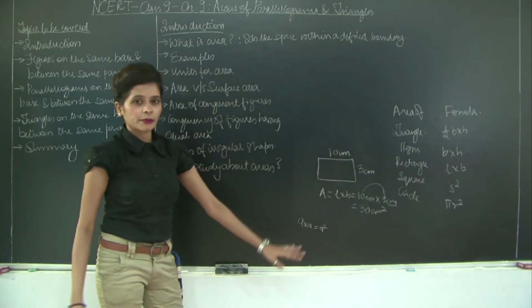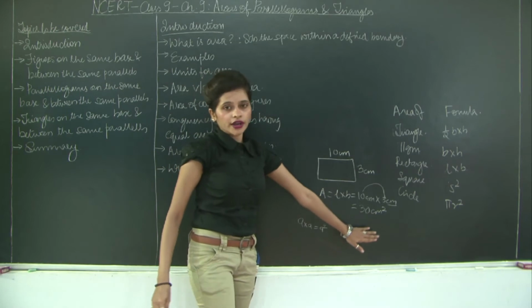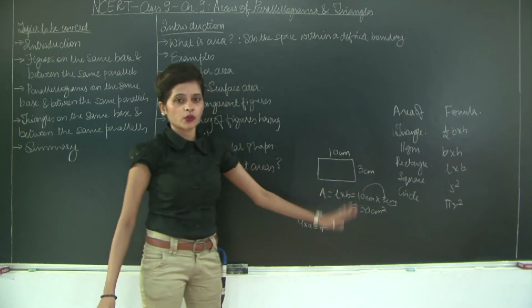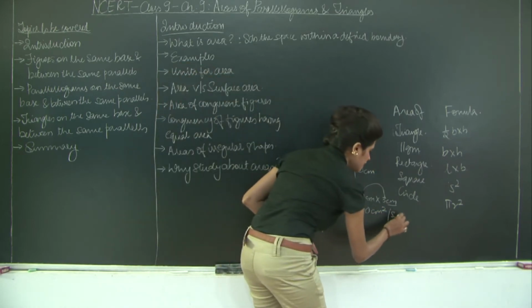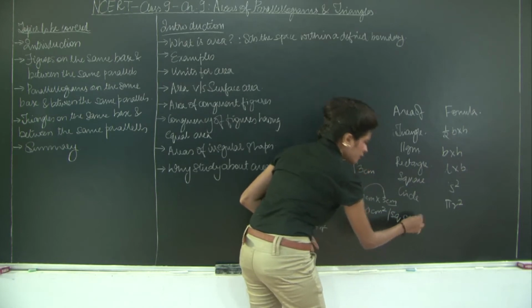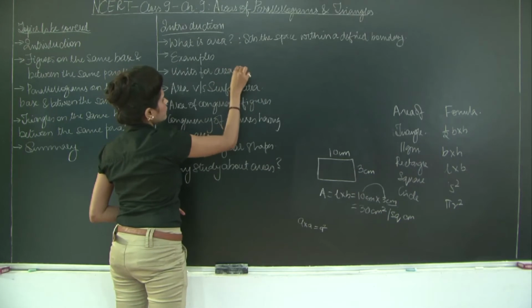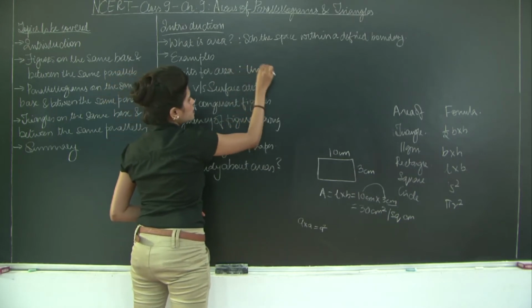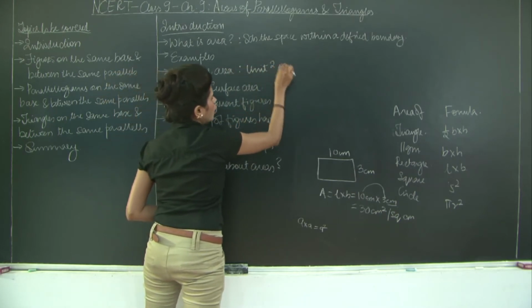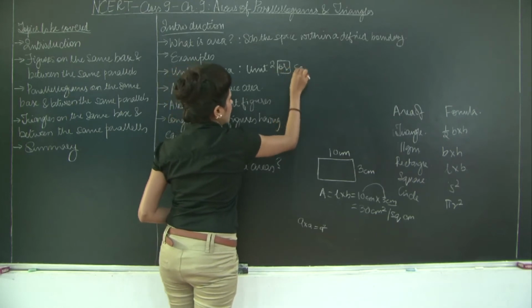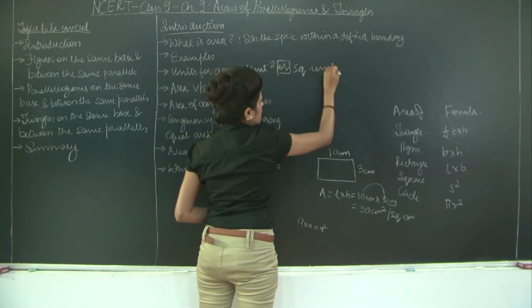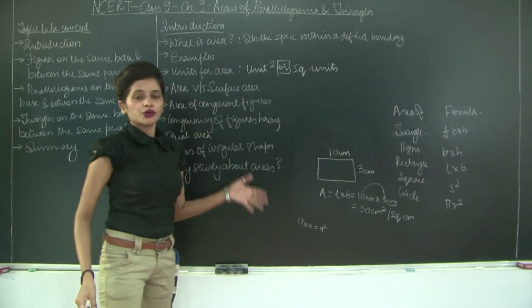So always remember that the unit for area will always be unit square, or you can even write it as square centimeters. So it would always be unit square or square units. By units I mean units of measurement.